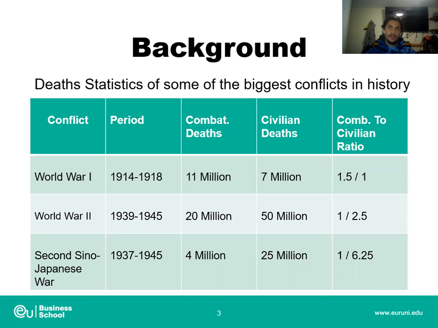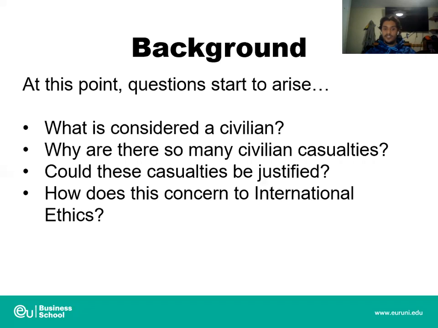So at this point of the conversation, some questions arise. What is really a civilian? The concept of a civilian, or better said, an innocent, is quite vague. Non-combatant immunity means one must never attack the innocent. But what really makes up an innocent? One could say one that doesn't contribute materially to the advancement of war.